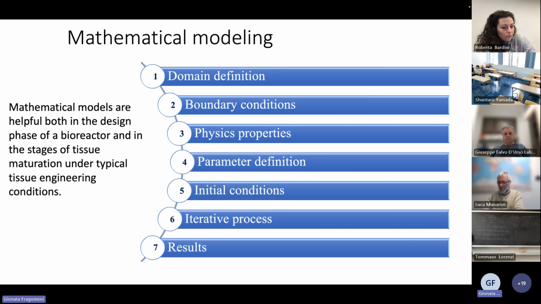We start from domain definition. We define the boundary conditions. We also set the physical properties, the parameter definition, the initial conditions, and then we have the iterative process, and we have the results.